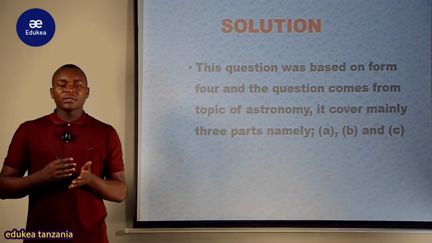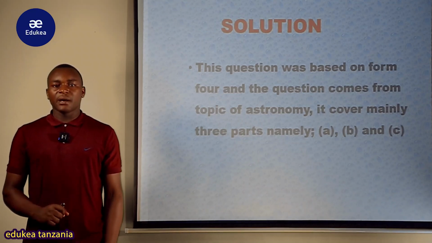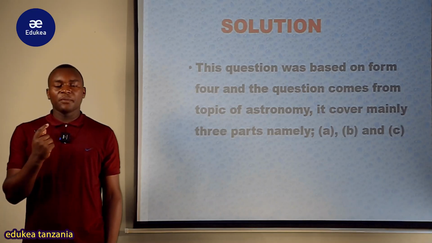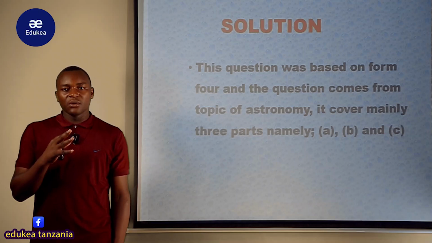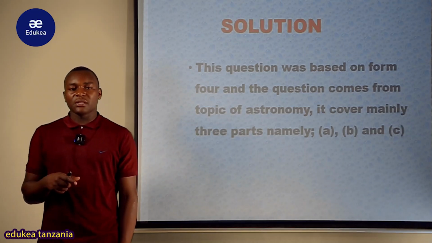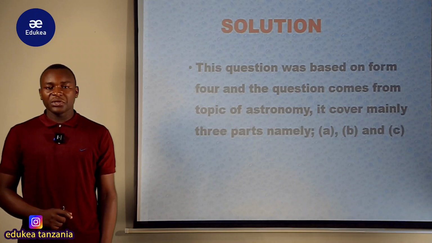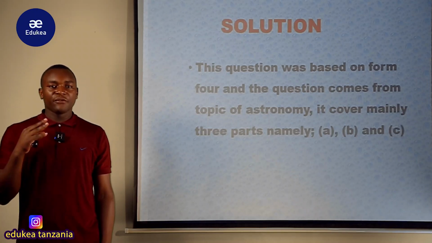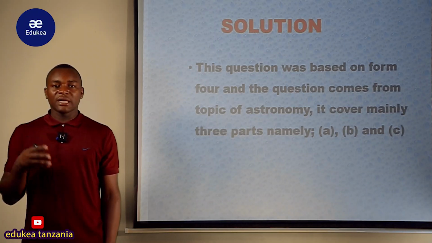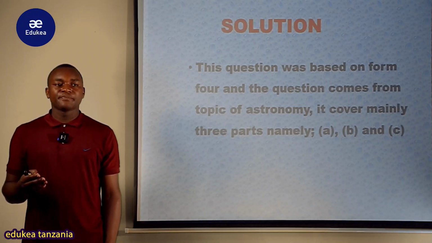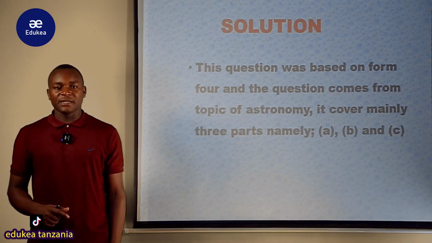So when we respond to that particular kind of question, we will focus mainly on the topic of elementary astronomy. Why elementary astronomy? Because it is the topic being tested within the question. So we have to focus, remember, and recognize the knowledge and ideas found within the topic of elementary astronomy.